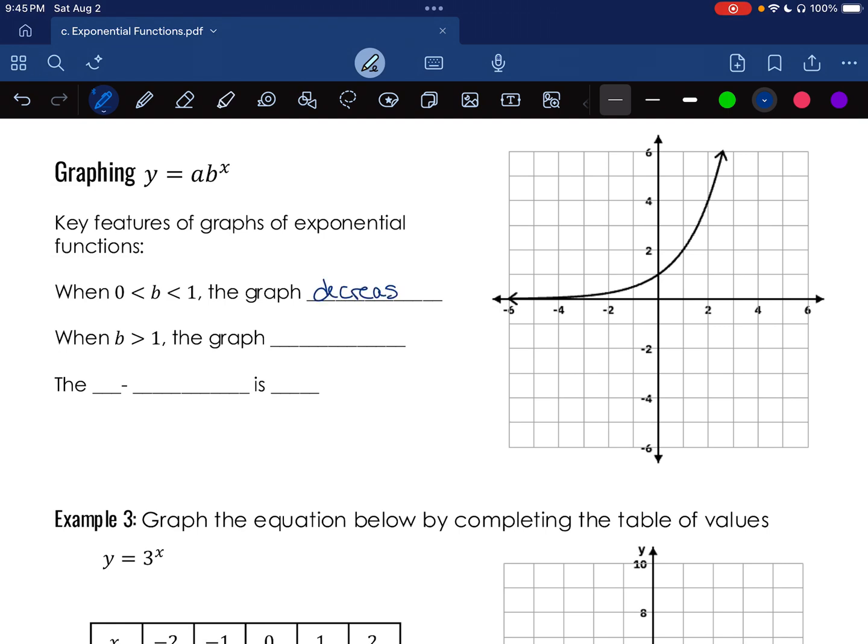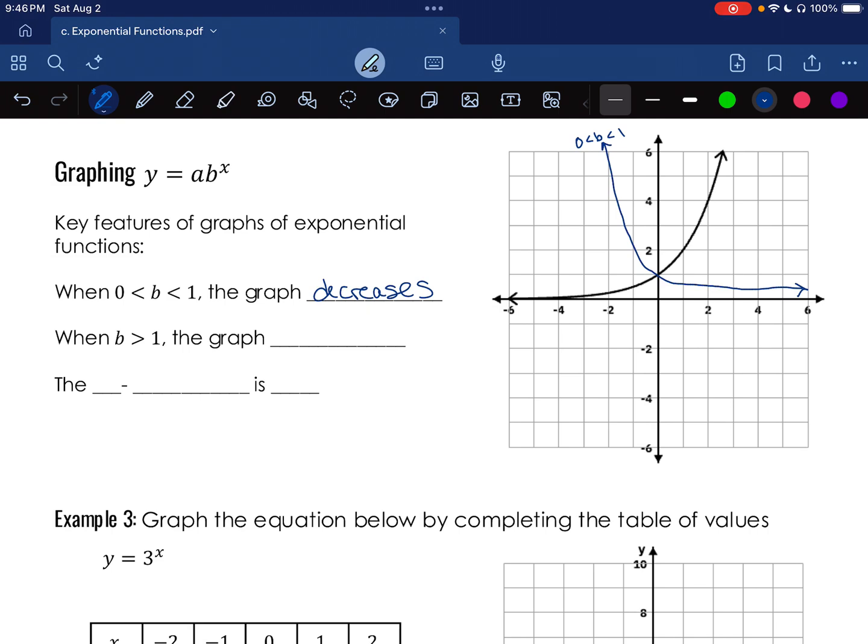So it's not going to look like the graph that I have shown here, but it's actually going to look like this graph here to the right, where it's decreasing from left to right. So this one happens when b is a proper fraction.